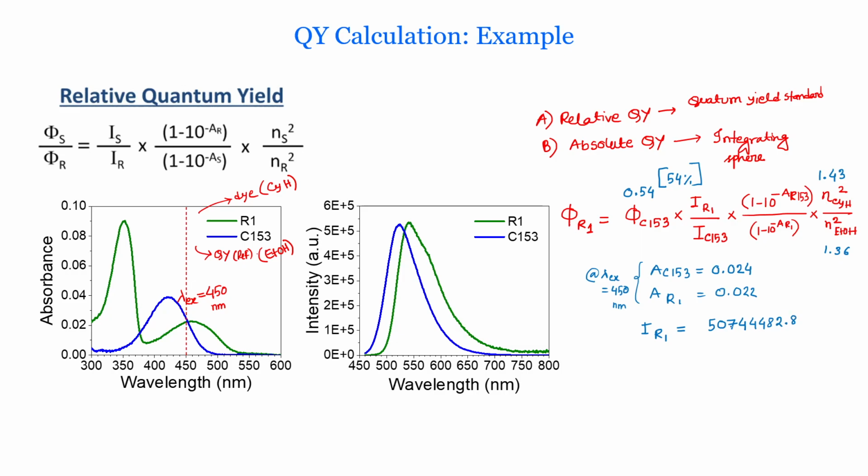What about the reference, that is C153? The area under the spectra is 42248506. Right? So we'll plug these values here and we will see what value of R1 we are getting.